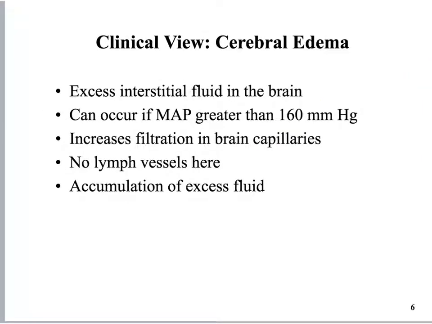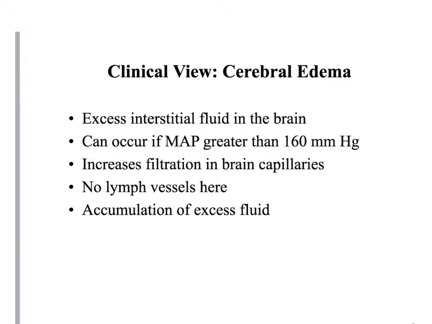Other important clinical aspects of blood pressure. Cerebral edema, right? So excessive interstitial fluid. We're going to talk about the lymphatic system probably starting on Monday. And the role of the lymphatic system is to pick up excess fluid that is pushed out of the vessels by the tissues. Okay?